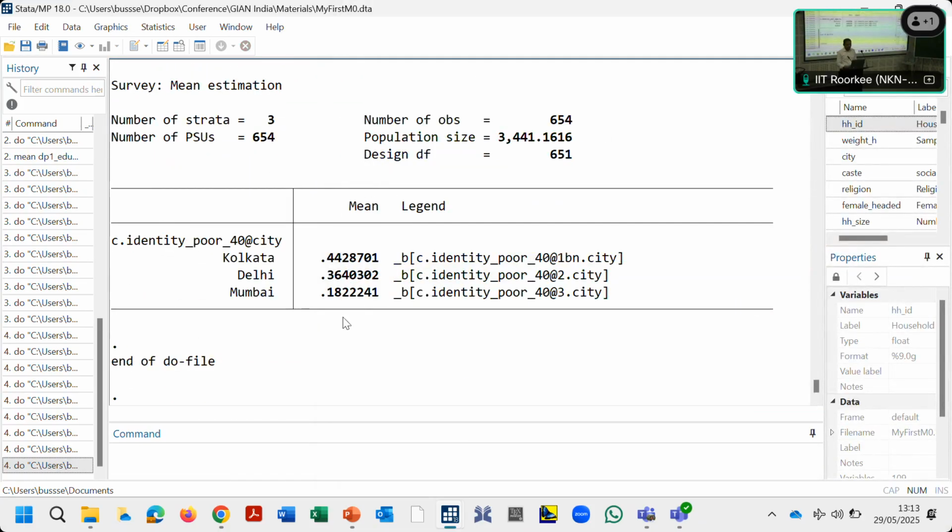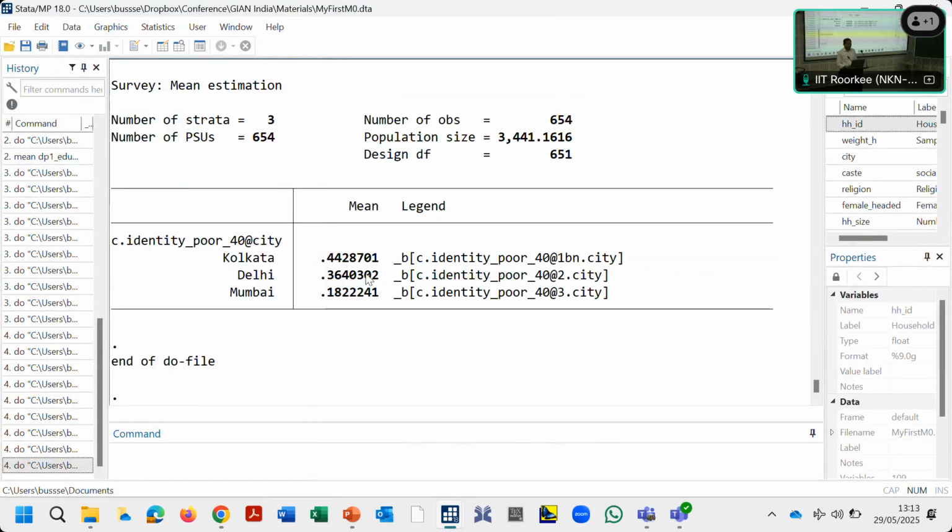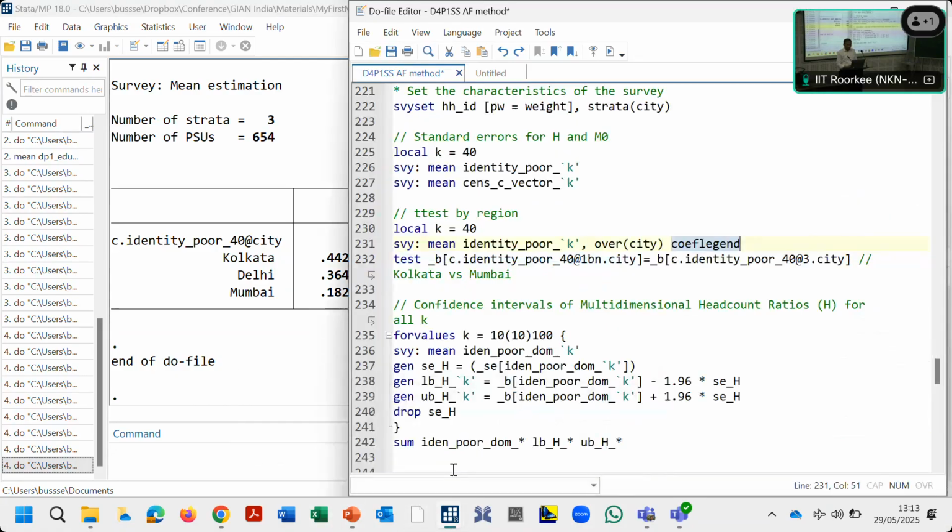I have asked it here to list the coefficient, because I need to know how STATA is saving the data. And look, this is how STATA has saved it. STATA has given this big name to save this value, the coefficient. Now suppose I'm interested in testing between Kolkata versus Mumbai.